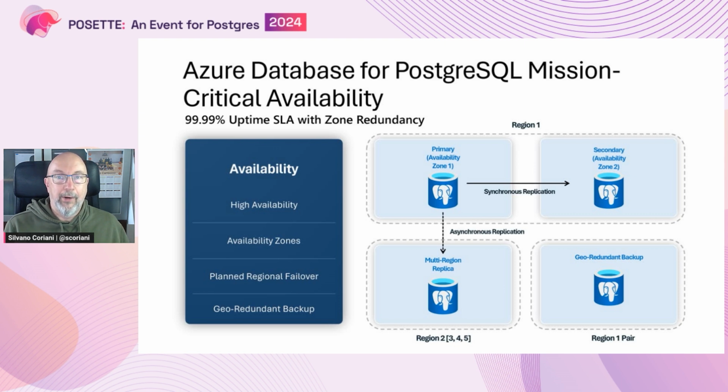And last but not least, in Azure Database for Postgres, we are storing our backups in geo-redundant storage, which gets automatically and transparently replicated to a paired region so that we can restore our systems in that region even later on to recover from a bigger disaster.